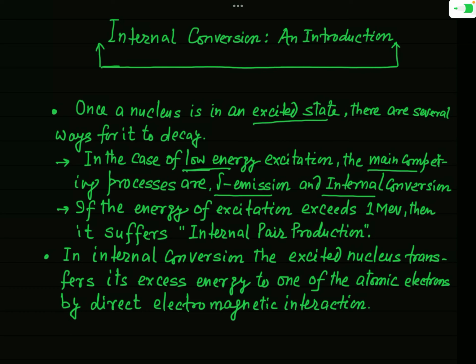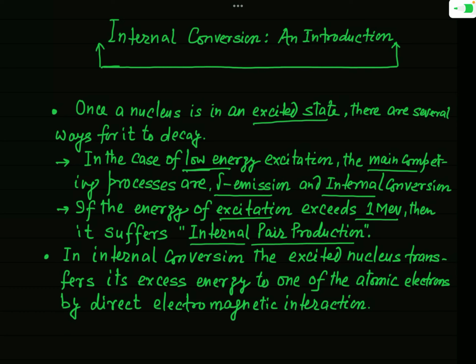And if this excitation energy is very large, let us say greater than 1 mega electron volt, then apart from the gamma emission and internal conversion, the nucleus also suffers another decay phenomenon, and that is called internal pair production.